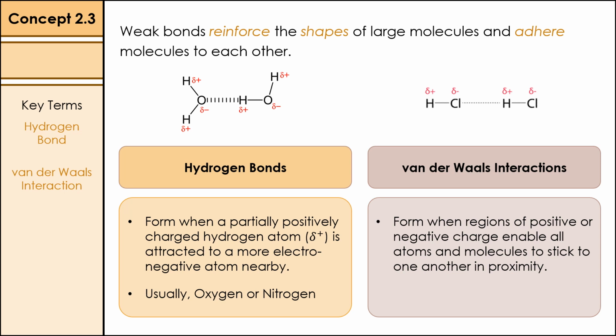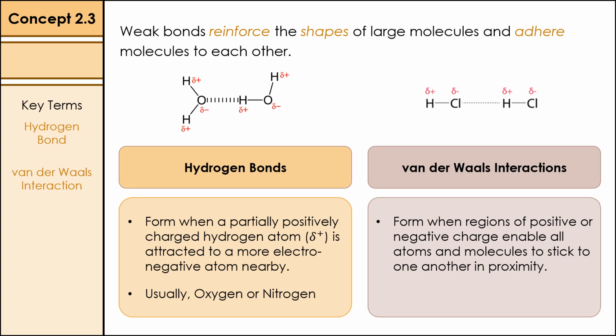These are bonds that help to reinforce the shape and connect different molecules together. And one of these is going to come up way more than the other, and that being hydrogen bonds. Hydrogen bonds are formed between the partially positive hydrogen atom and another electronegative atom. It doesn't always have to be oxygen.